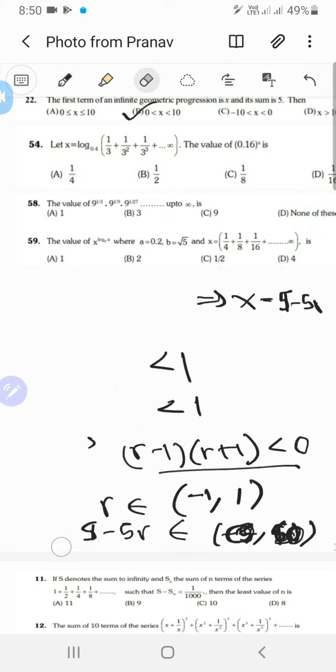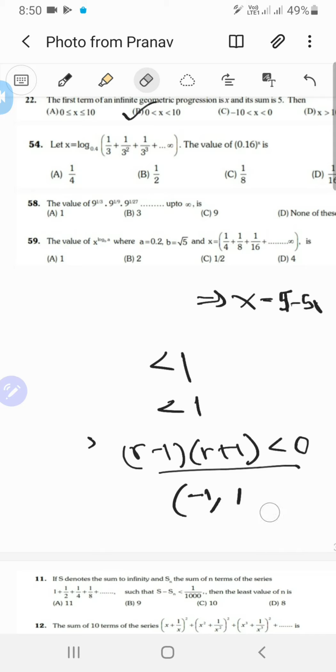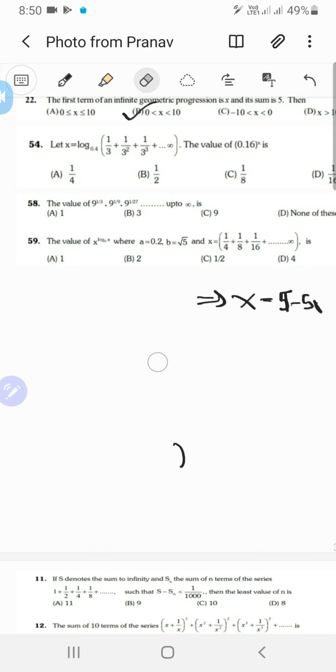So let x be equal to log base 0.4 of 1 by 3 plus 1 by 3 squared plus, and so on. The value of 0.16 to the xth power is, okay, let's just do this.